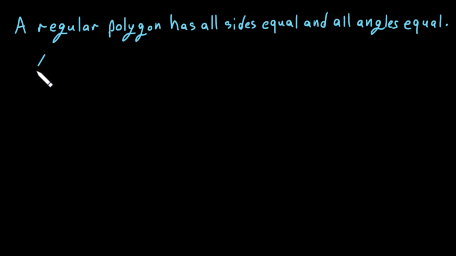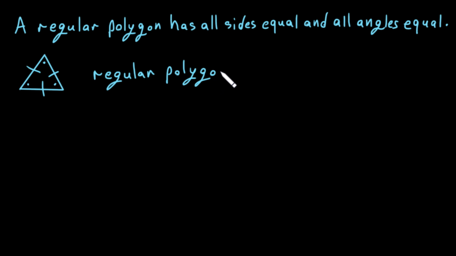For example, this triangle, if this angle here equals this angle equals this angle, and this side equals this side equals this side, this is a regular polygon. Or you can say regular triangle.